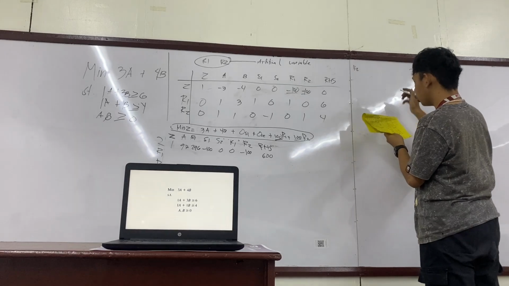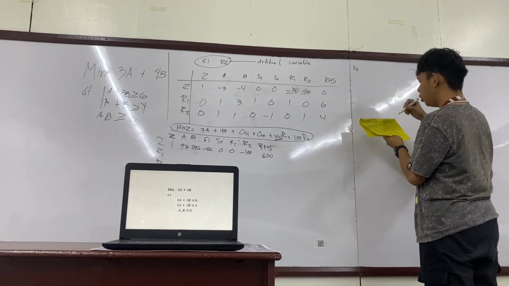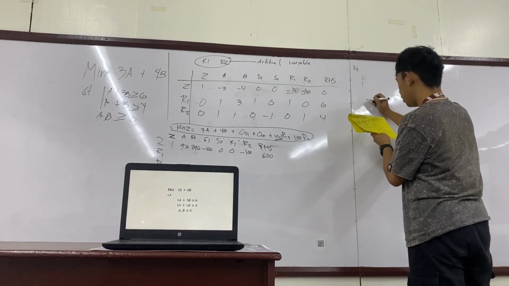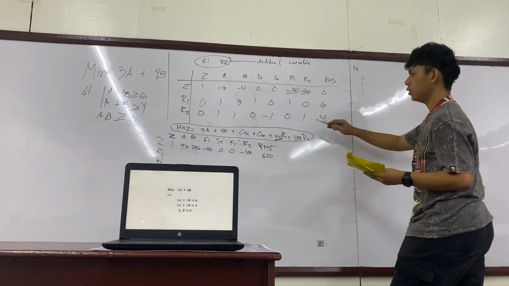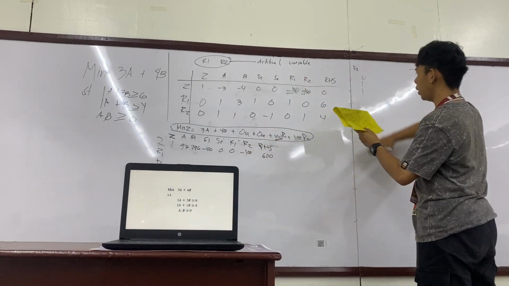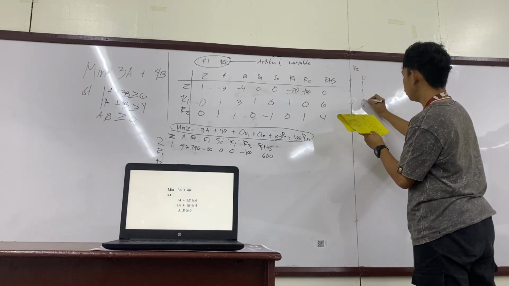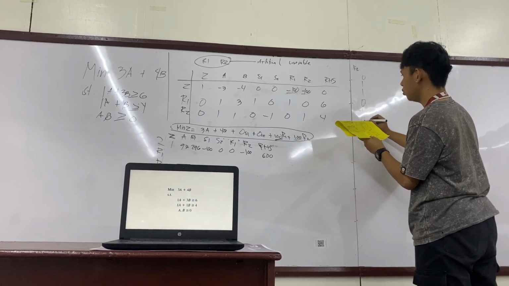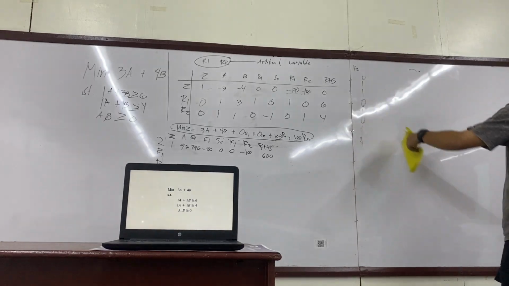We use the old row: 0, 0, 1, 0, 1, 1. Since this is the R2, we copy this number into this table. So 0, 1, 1, 0, negative 1, 0, 1, and 4. So this is the term.